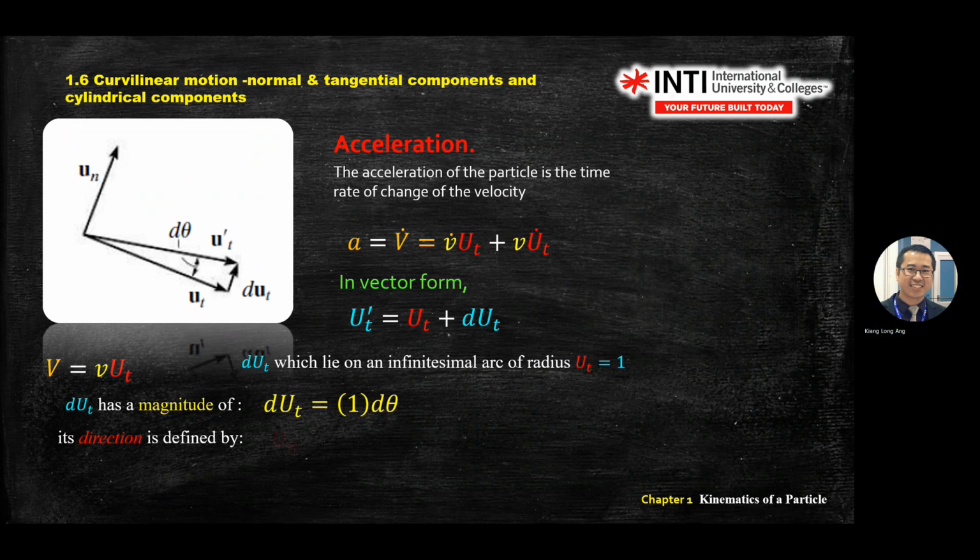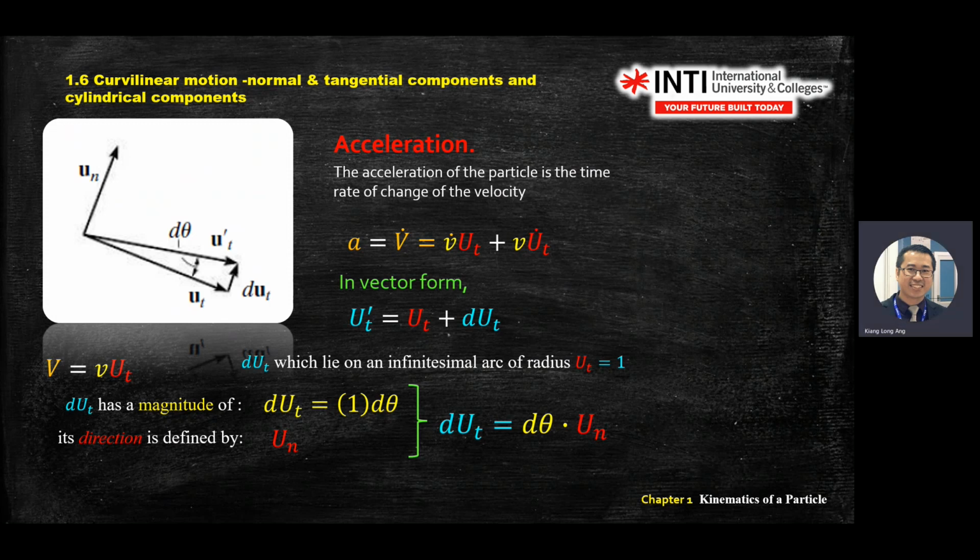Then the direction. The direction is towards the normal. This one is the same as the normal direction, so we put as un. So you combine these two. This is magnitude, this is direction.